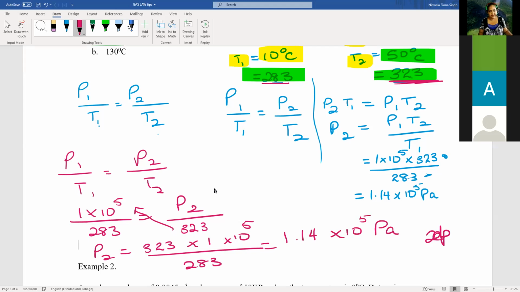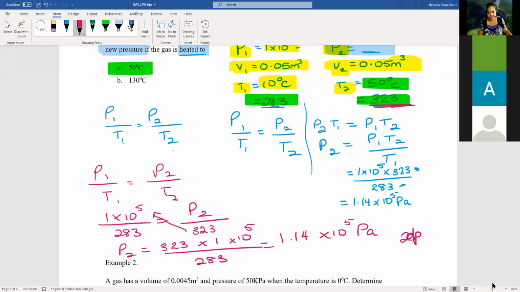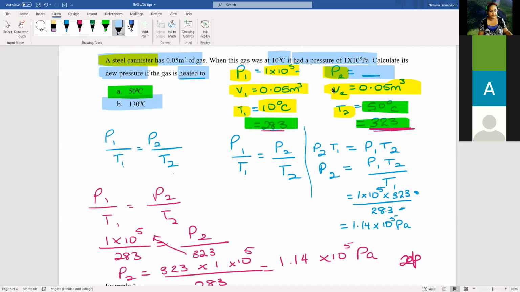Following that method, we're going to pause right now. I'm going to give you 2 to 3 minutes to work out our new pressure when the temperature is 130 degrees. What I would do if I were you is clean this up, write over new values.